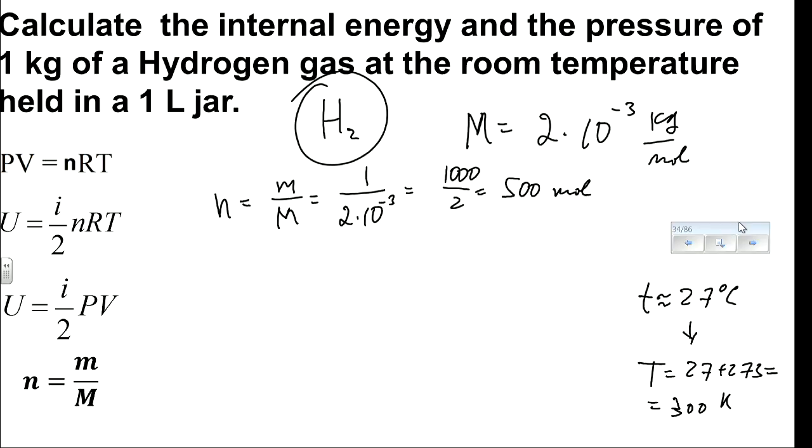So, pressure is nRT over V, nothing special here: 500, about 8, I'm going to round it up, temperature 300, 1 liter. Can we use 1?